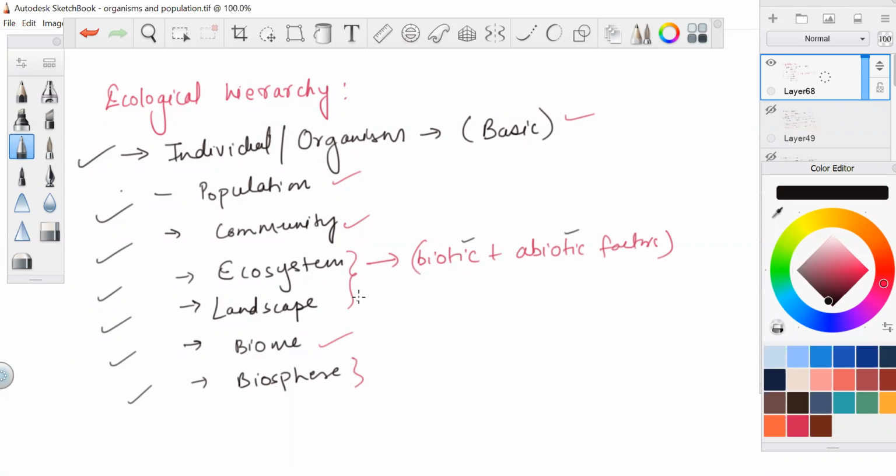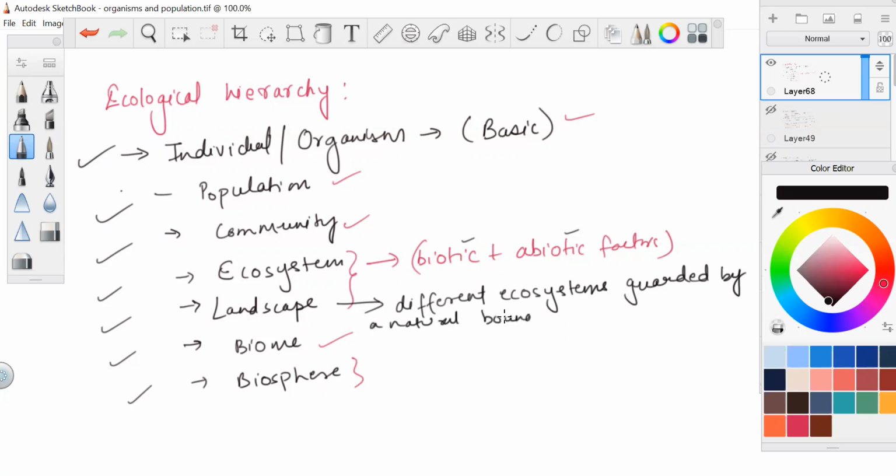Landscape: different ecosystems guarded by a natural boundary, like the southern peninsula in India.